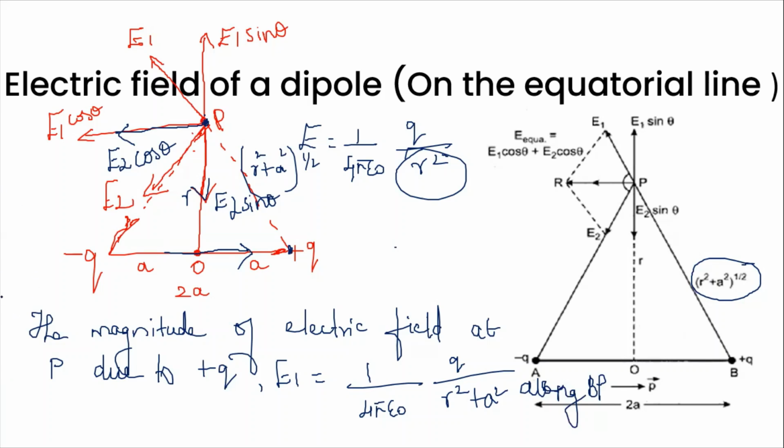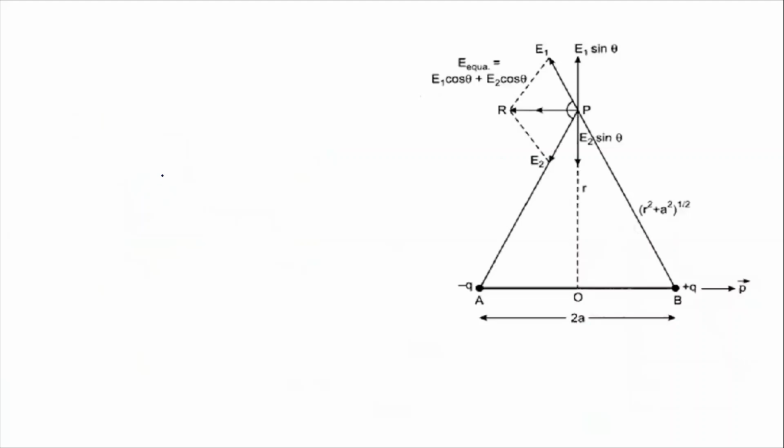The direction of the force is pushing the charge away, so you can write it as AB so that it is easy. It is along BP. Now you have to write the magnitude of electric field at point P due to minus Q.